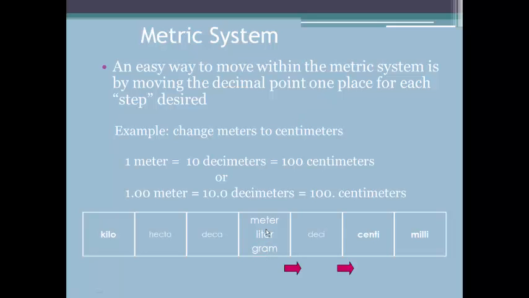If I move to the right, I move my decimal 1 place to the right, which is the same as multiplying by 10. So 1 meter would be the same as 10 decimeters, which is the same as 100 centimeters. Notice that moving the decimal from 1 meter, I moved it over 1 for decimeters, and I moved it over 2 for centimeters.